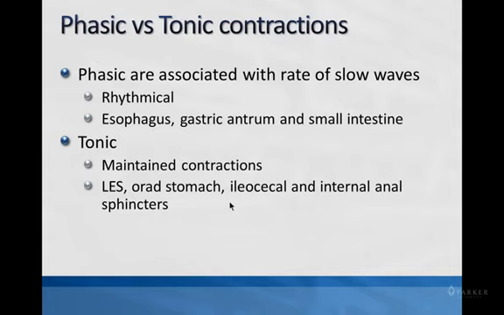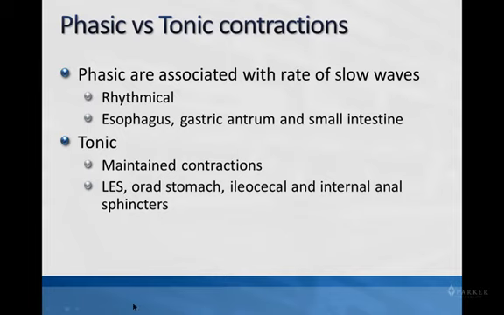Think about propulsive movements. Those contraction rates can change depending on what's going on, but the maximum rate will be determined by the slow waves. How many maximum slow waves can you have? That will determine the ultimate maximum rate of contraction you can get in that particular part of the GI tract.